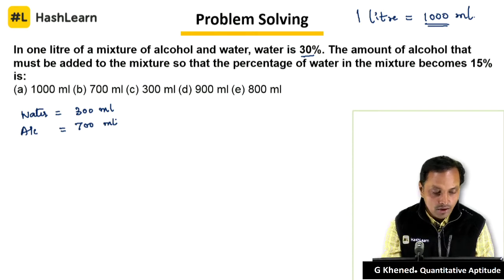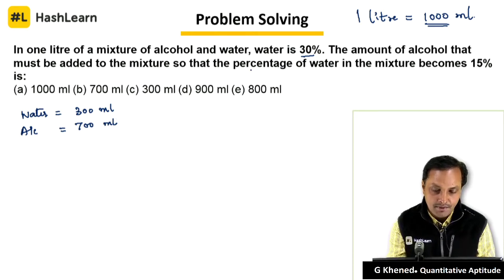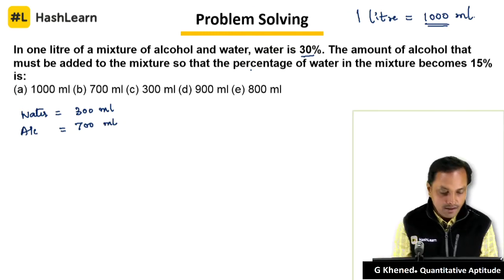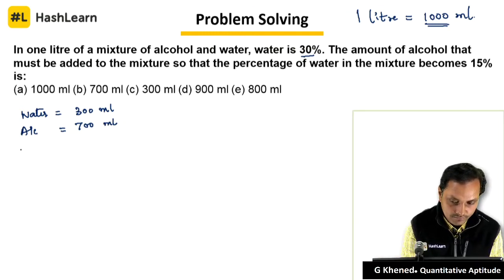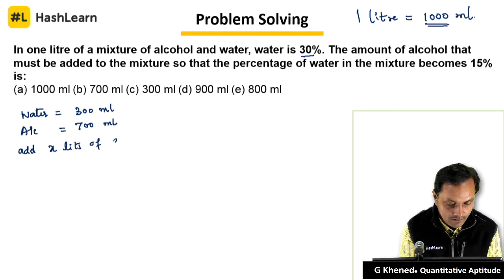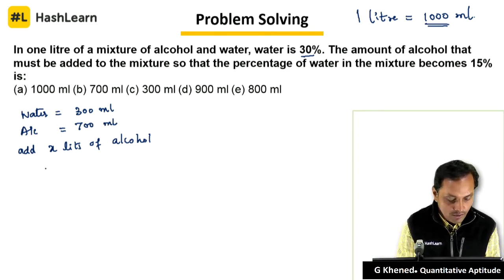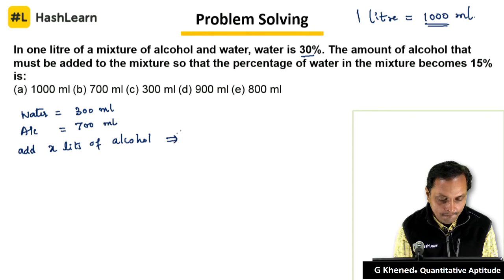The amount of alcohol that must be added to the mixture so that the percentage of the water in the mixture becomes 15%. See, you are adding X liters of alcohol. If you add X liters of alcohol, what will be the final quantity?